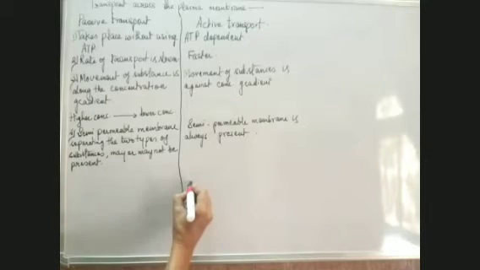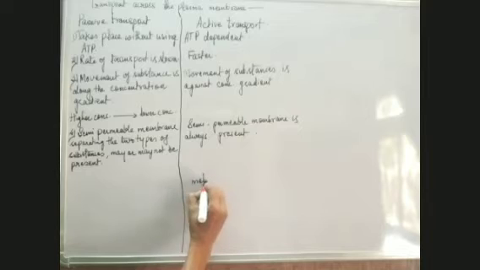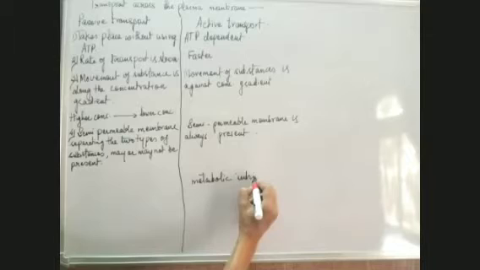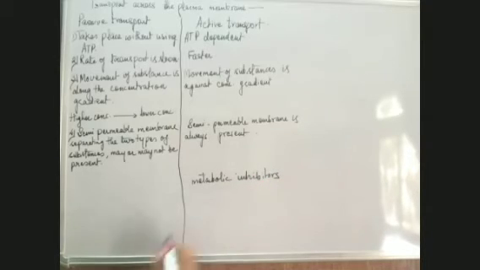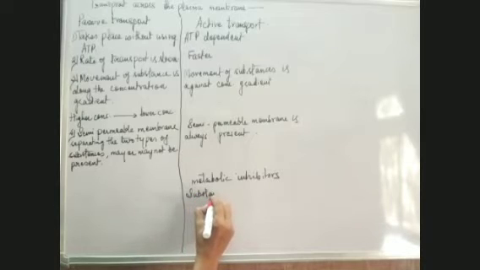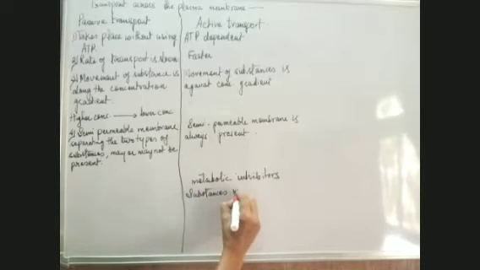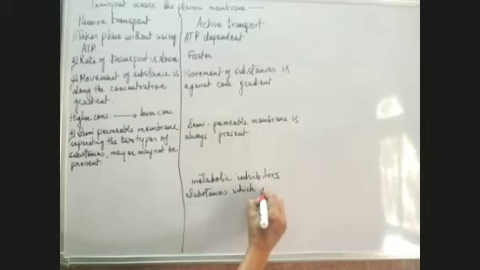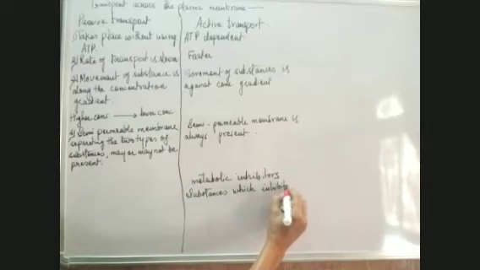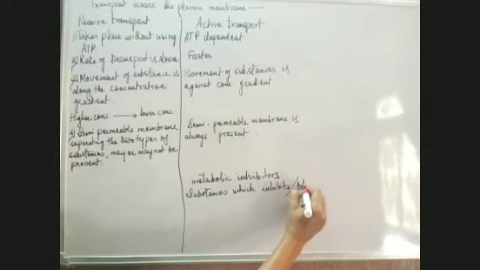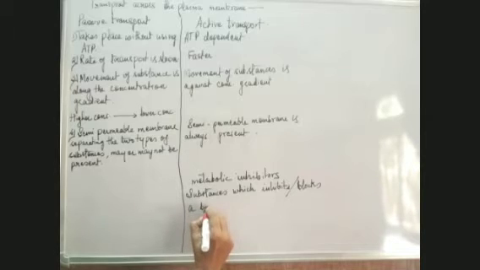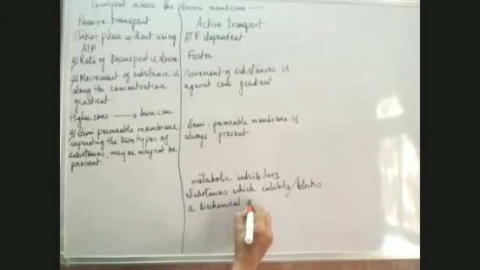Metabolic inhibitors are substances which inhibit, meaning stop or block, a biochemical reaction.